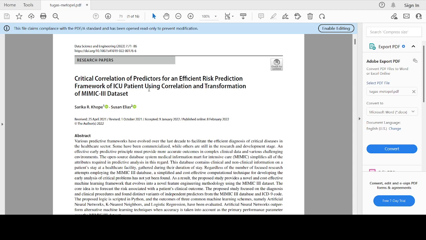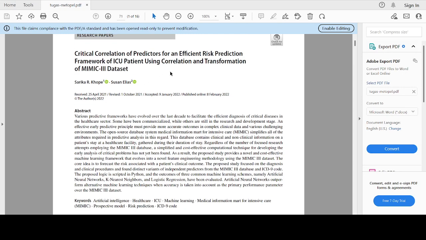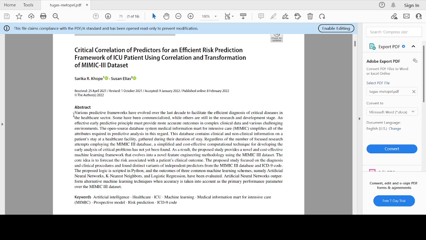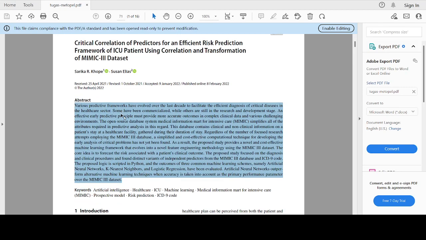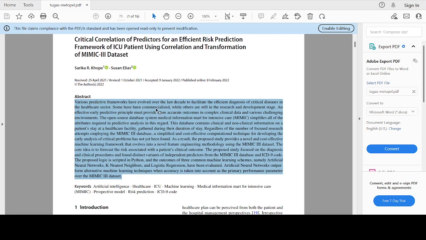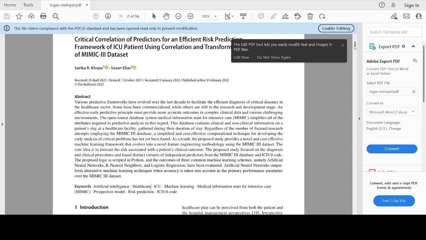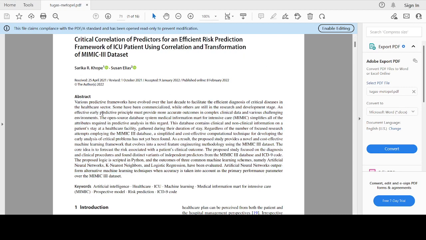At first, when you are reviewing research papers, you almost always start with the abstract, because the abstract describes everything in a condensed paragraph.